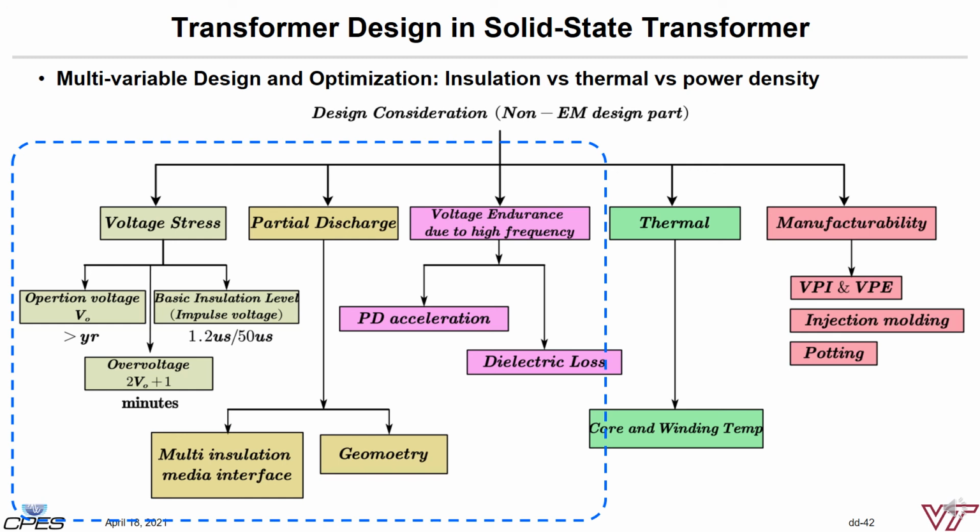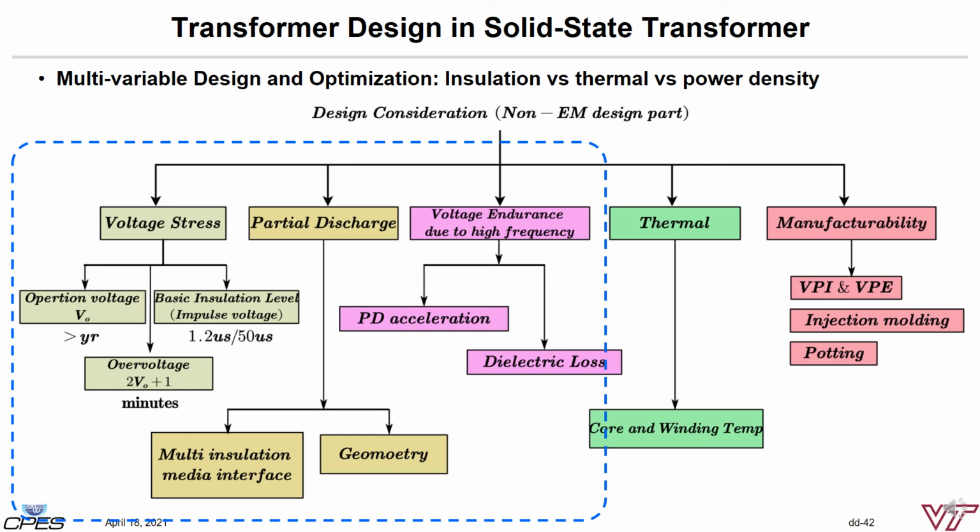The second design consideration is the partial discharge, as it can influence the transformer insulation lifetime. The partial discharge will be sensitive to the design geometry and insulation materials, especially at the interface between multi-insulation media. The third design consideration is the high-frequency voltage stress, which can accelerate the partial discharge and dielectric losses. This is not an issue in the traditional line-frequency transformer design.